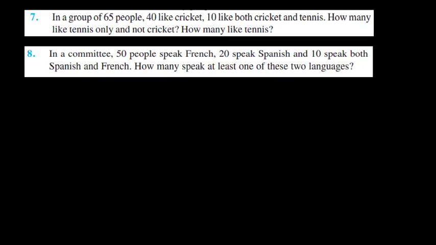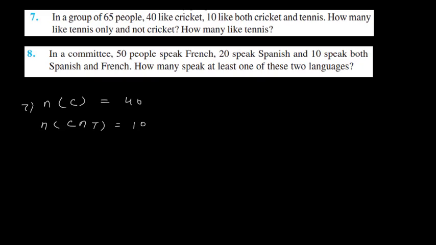For the seventh question, n of C is given as 40, n of C intersection T is given as 10. So 10 like both the games, 40 like to play cricket. How many like tennis only and not cricket?